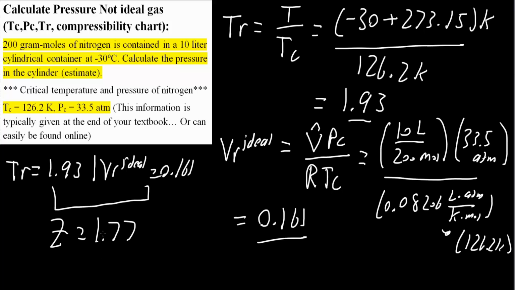For this part, you would have to use a textbook or search for compressibility charts via the internet. If you're not exactly sure how to use compressibility charts, I would recommend searching on YouTube for how to use them. So our Z value is 1.77.